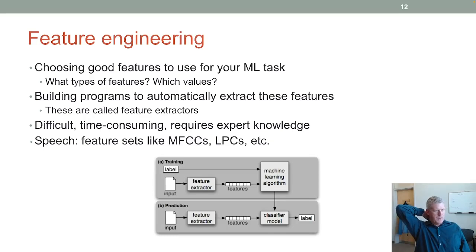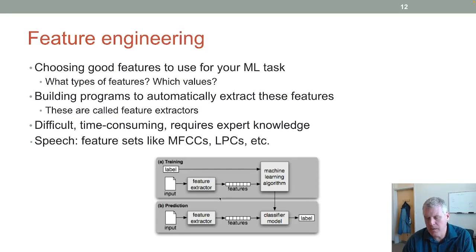And so trying to figure out what features to use is an important part of machine learning, and that's called feature engineering. It's a non-trivial task to figure out what features should be used in a machine learning application or task. And trying to build programs, for example Python scripts, that extract the features out of some observation is an important task as well.